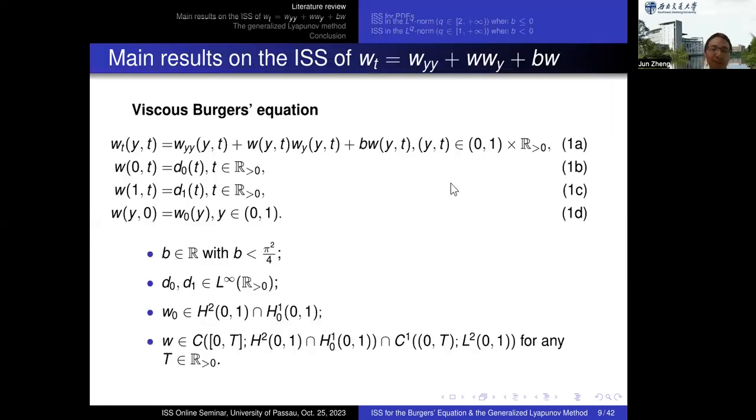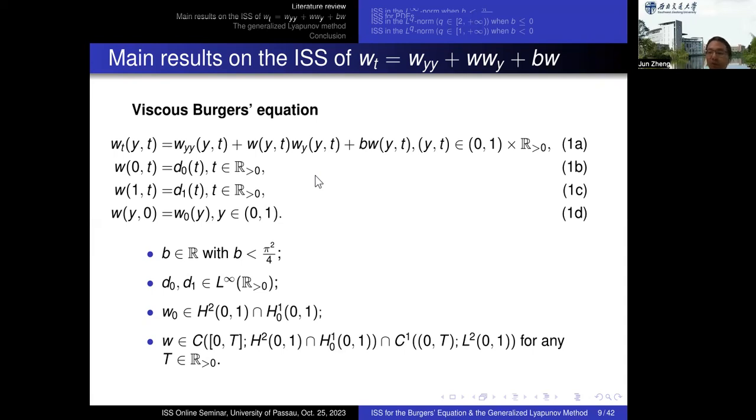For simplicity, we only consider the case without in-domain disturbance, although the proposed approach is suitable for the Burgers equation with in-domain disturbances. Here we consider the case of Dirichlet boundary conditions. Note that if B is large enough, then the Burgers equation is unstable.